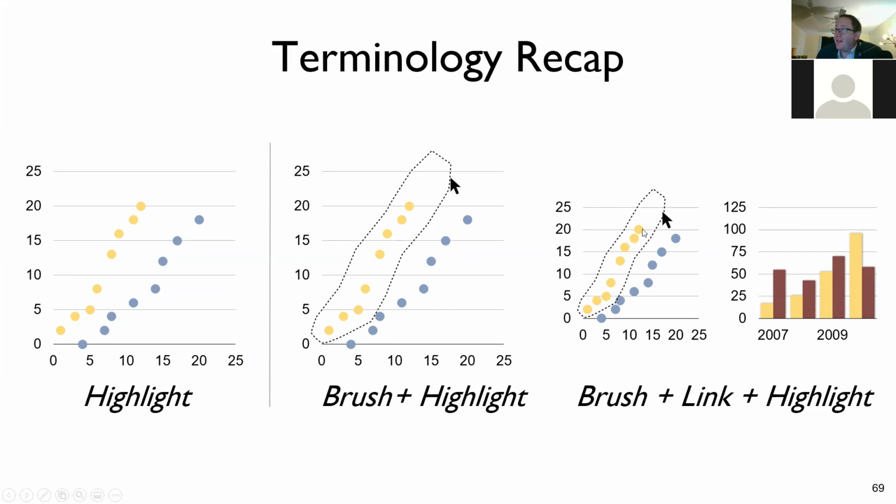So when I select this data set, it selects all the bars in the other data set. This used to be very critical because the course project required everyone to have brushing and linking in their visualization. You don't need it, but it's highly recommended. Brushing and linking gives you a power that you can't get otherwise. I select in one and it is reflected in all the other visualizations.